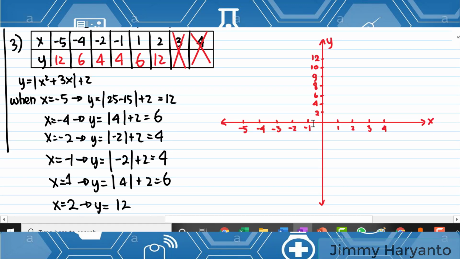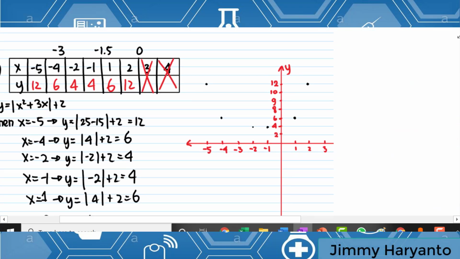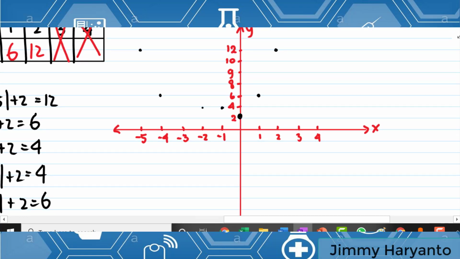Okay, it will be like this guys, and then we have to plot negative 5 and 12. It will be right here, and then negative 4, 6 will be right here, and then negative 2, 4 right here, and then negative 1, 4 right here, 1, 6, 2, 12, and then the vertex is 0, 2 and negative 3, 2 right here, the vertex ya.